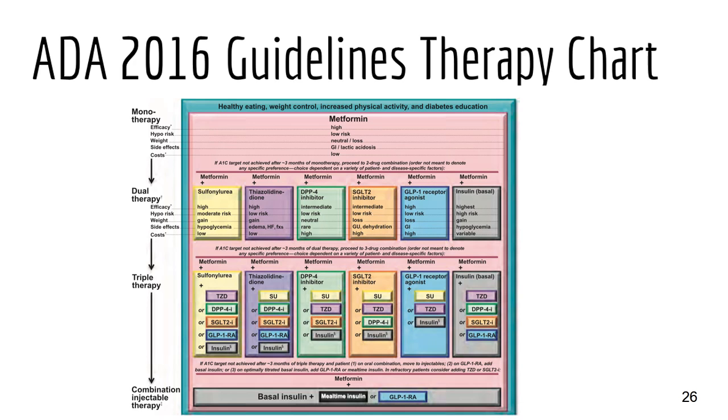If at that 3-month mark the patient hasn't reached goal of A1C, that's when you consider adding on an additional therapy. So metformin is always first, and then from there you always want to add on a different drug class. And this chart does have some helpful tips of efficacy, hypoglycemia risk, weight, side effects, cost, etc.